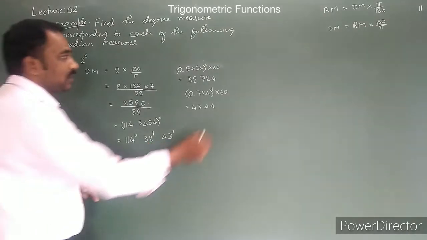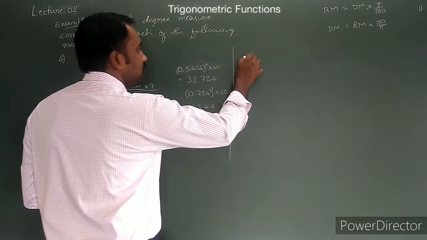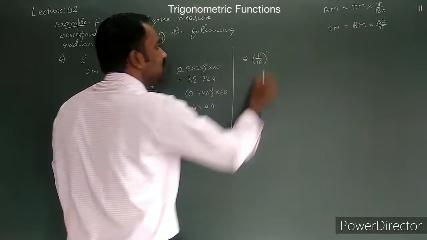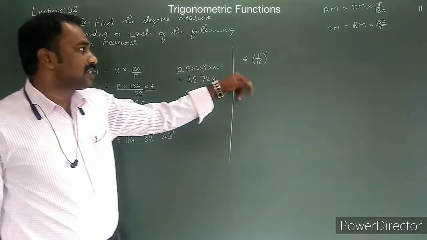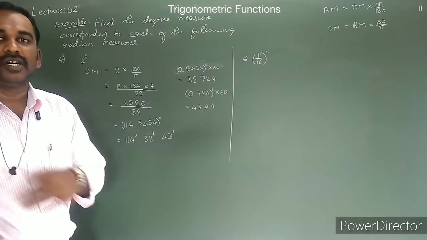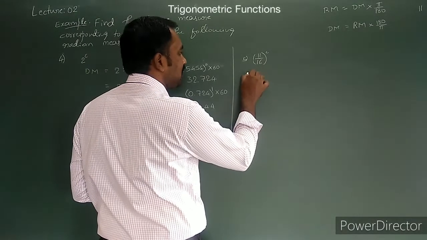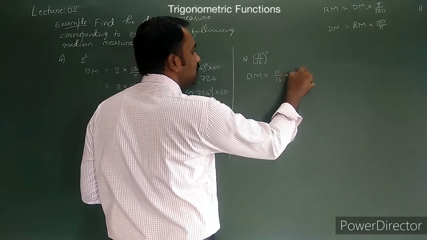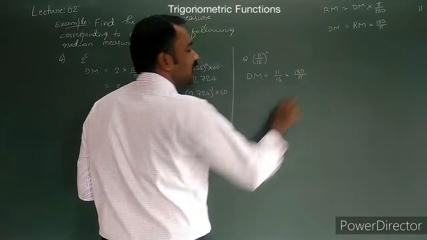Now the next one is, what is the next one? The fifth one is 11 by 16 radian. Convert 11 by 16 radian into a degree. How do you convert into a degree? Degree measure is equal to radian measure into 180 divided by pi.